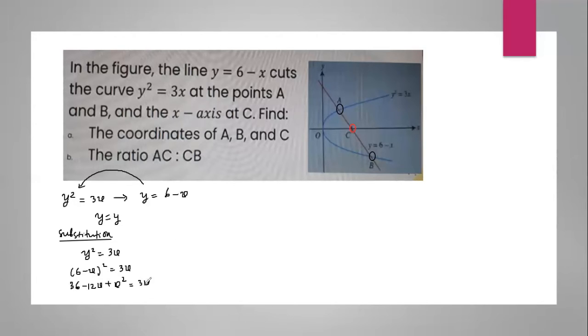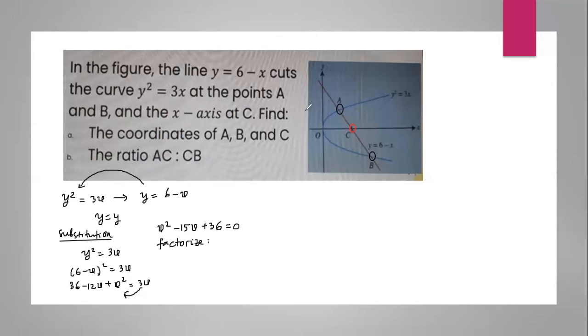Simplify by moving 3x to the left side: x squared minus 15x plus 36 equals 0. Now factorize to find x.